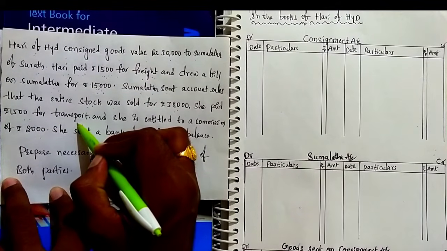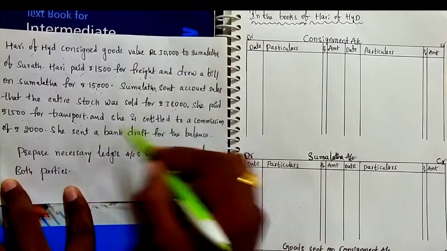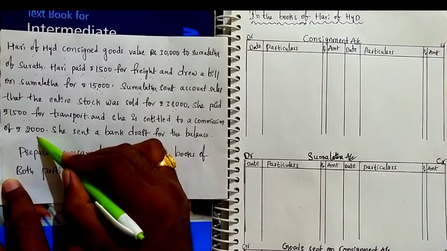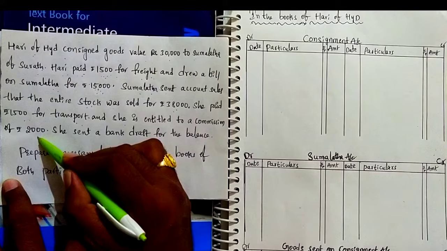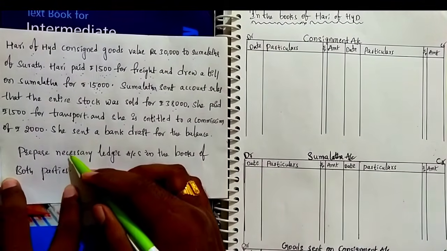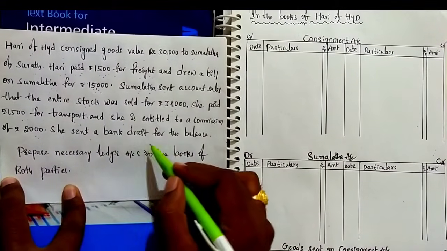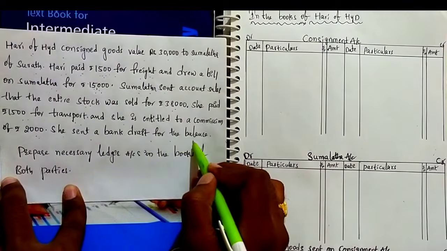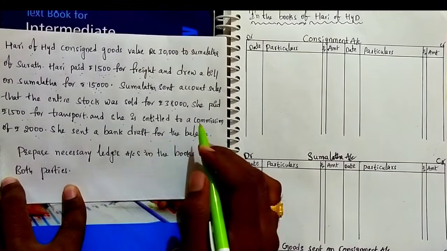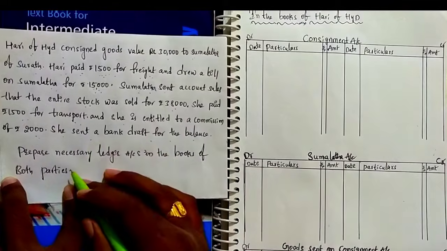This is one of the expenditures paid by the consignee, and she is entitled to a commission of 2000 rupees. She will get 2000 rupees commission for the sales. She sent a bank draft for the balance due. Whatever balance is due will be settled with a bank draft.